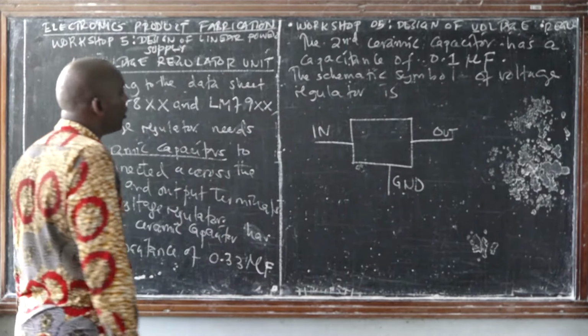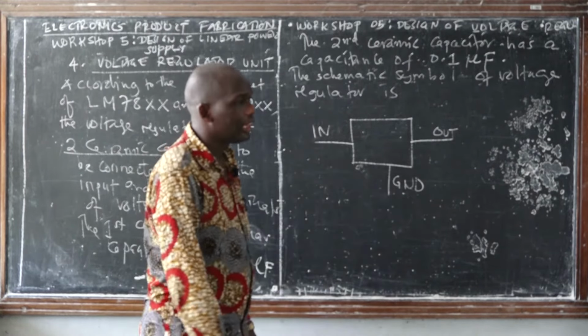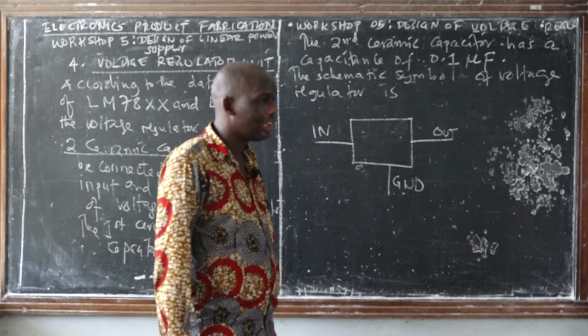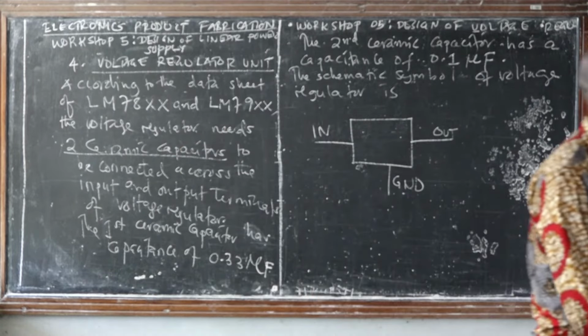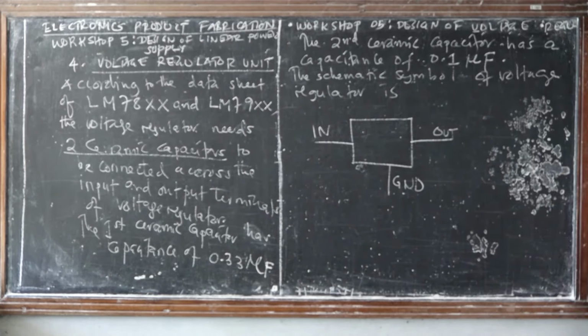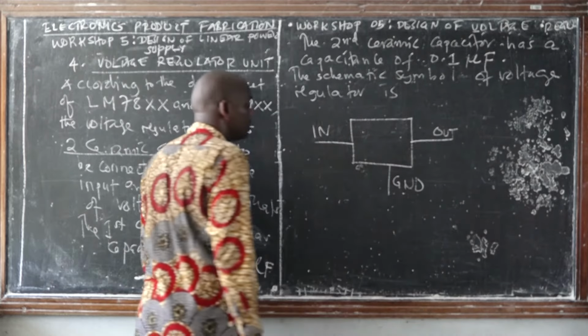So the schematic symbol of the voltage regulator, whether it is LM78XX series or LM79XX series, just has three terminals. One terminal is input, the other terminal is ground, and the third terminal is output. Whether it is providing 12 volt, or 24 volt, or 15 volt, or negative 18 volt, this is the schematic symbol of the voltage regulator.